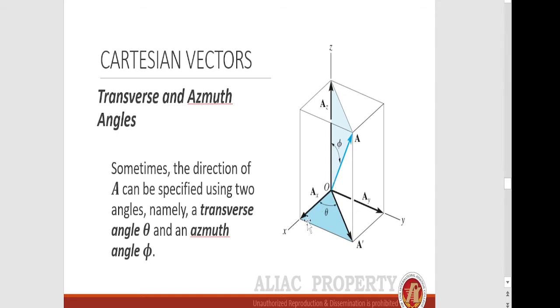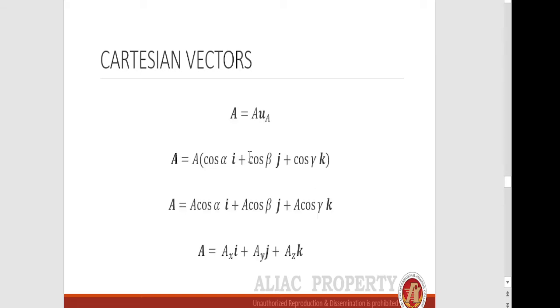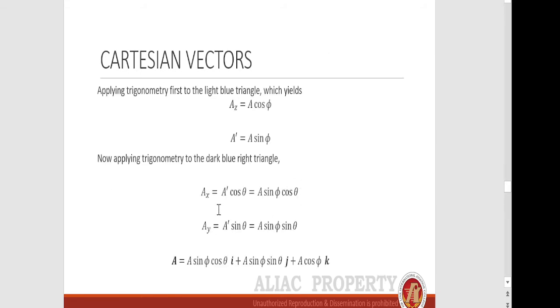Base is AX, hypotenuse is A dash. So when you cross multiply, you will get A dash cos theta. So we substitute the value of A dash, that is A sin phi, so we substitute A sin phi cos theta.